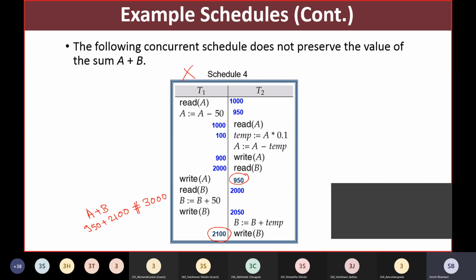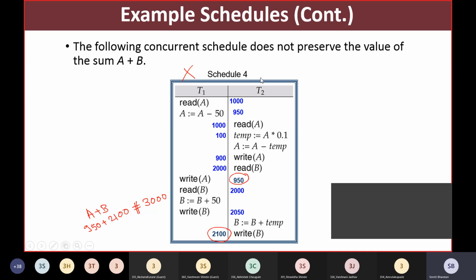Why? Because this schedule is not actually preserving the consistency condition. So the summation of A plus B before the schedule and after the schedule is not being maintained. Right?